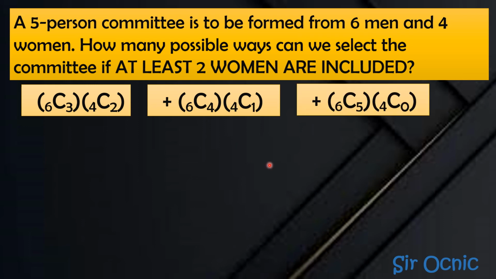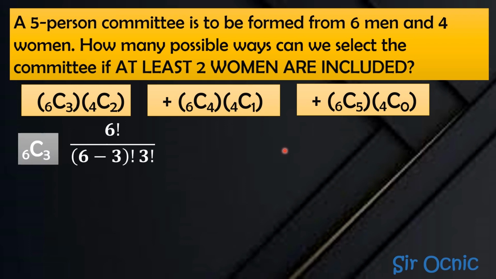Plus 6C5 times 4C0. This one represents that there are no women included in the committee. So therefore, we have to pick 5 men from a group of 6 and 0 women from a group of 4. Let us first solve for 6C3 times 4C2.